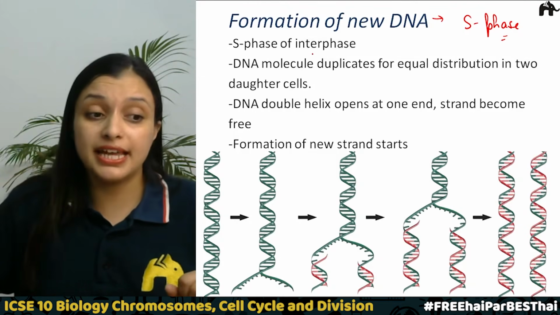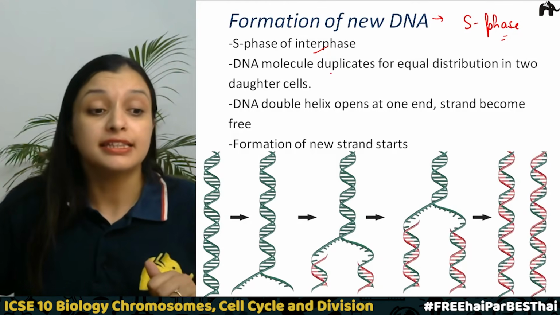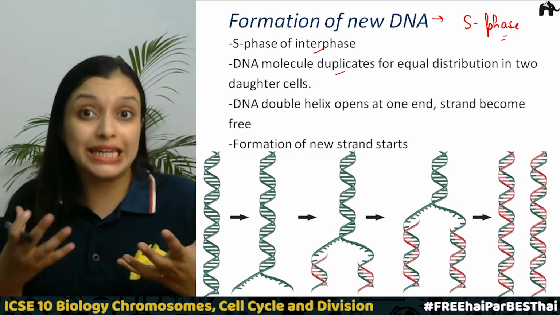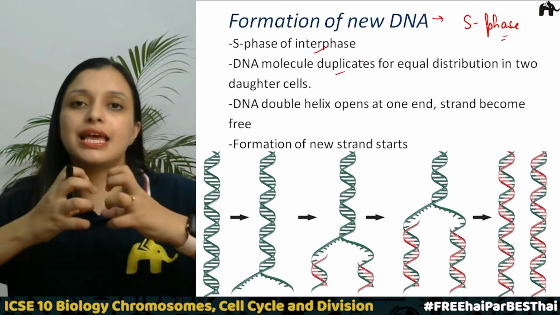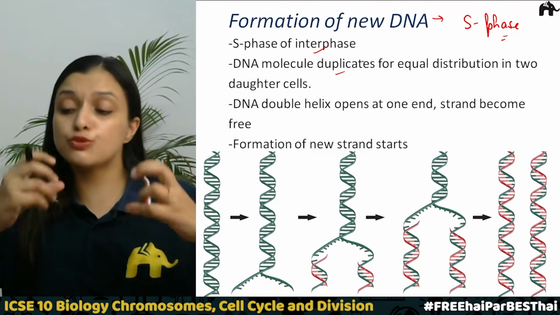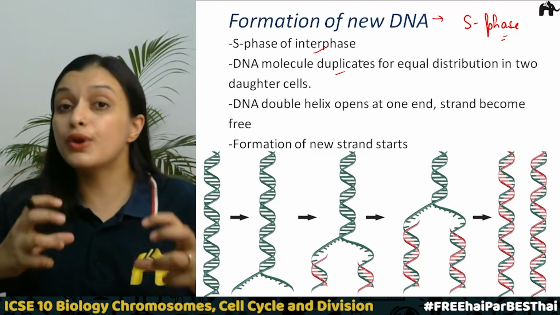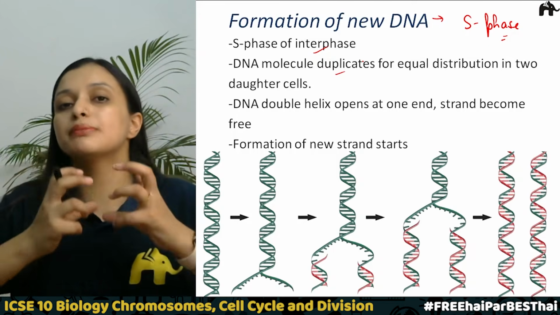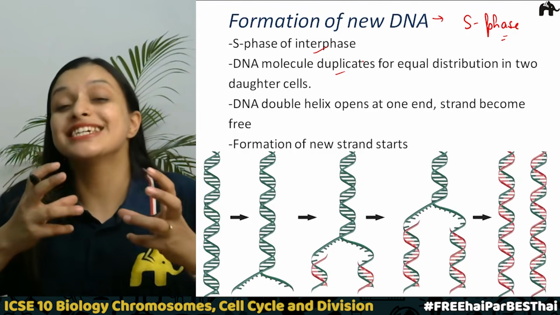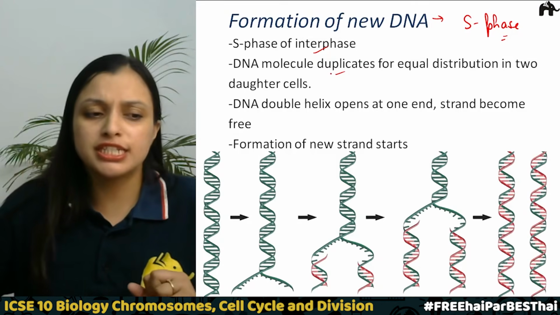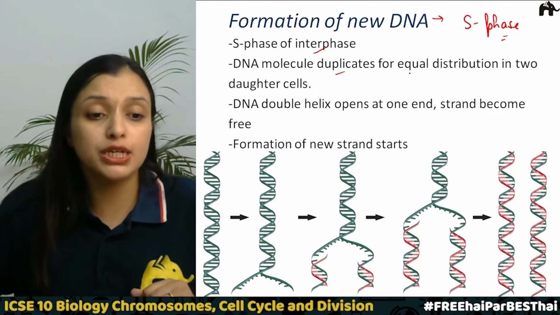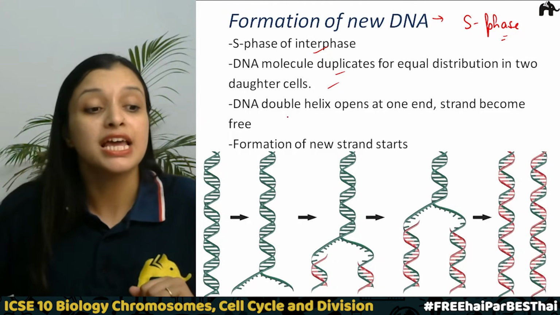This happens in the S phase of interphase. This DNA molecule duplicates so that when the cell divides into the daughter cells, both the daughter cells will have equal amount of DNA, right? So the DNA molecule duplicates for equal distribution to two daughter cells.